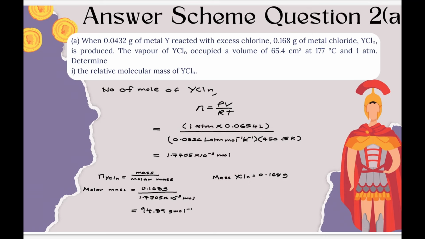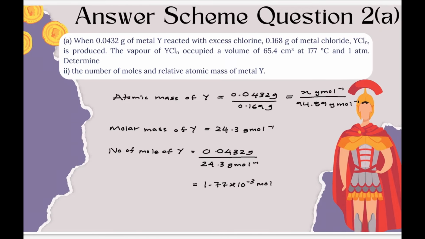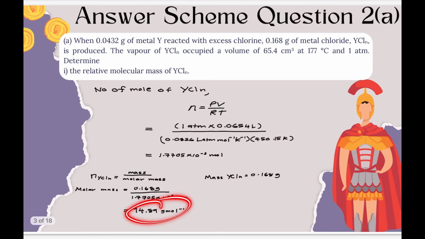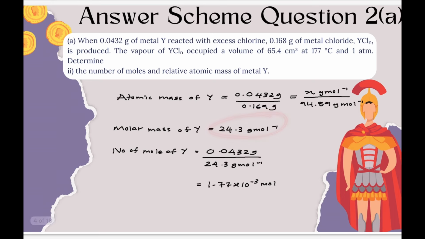For question 2A part 2, you have to calculate the number of moles and the relative atomic mass of Y. You already got the mole of the compound YClN earlier. From there, you can compare the mass of the compound with the mass of the metal, and using the molar mass of the compound YClN you can get the molar mass of Y. From the molar mass, you can get the mole using the formula mole equals mass over molar mass.